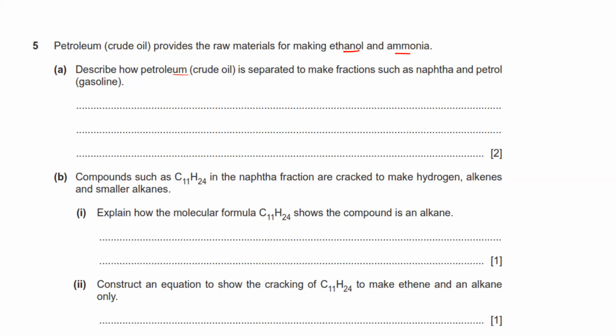And here we are seeing naphtha and petrol. Naphtha is much heavier compared to gasoline, so we heat them, and based on the difference in their boiling points, we can separate them in a fractionating column. This is the whole overall process we have to describe. So let's try to write it.